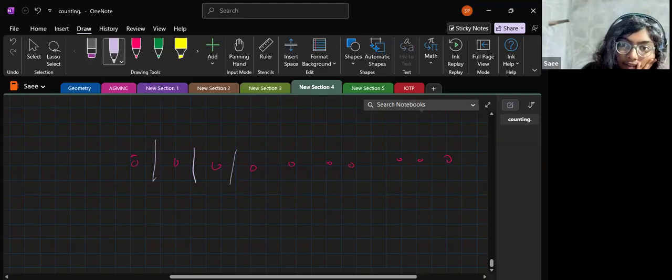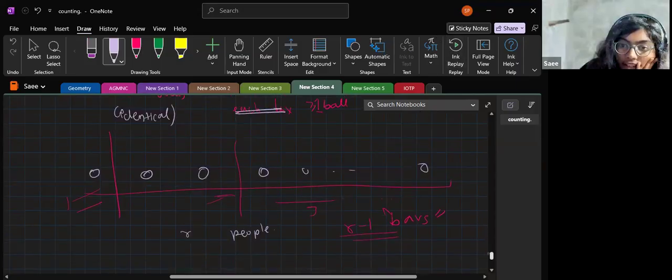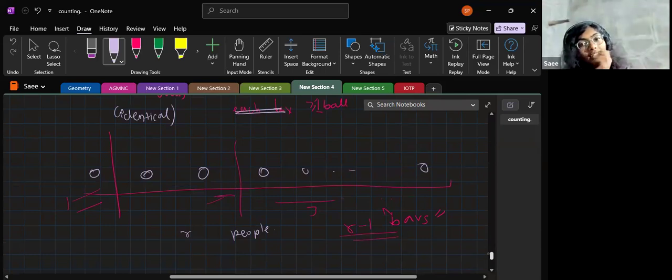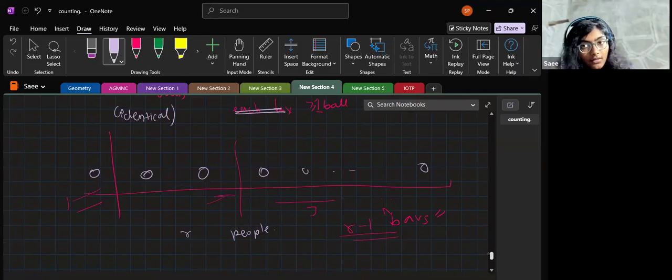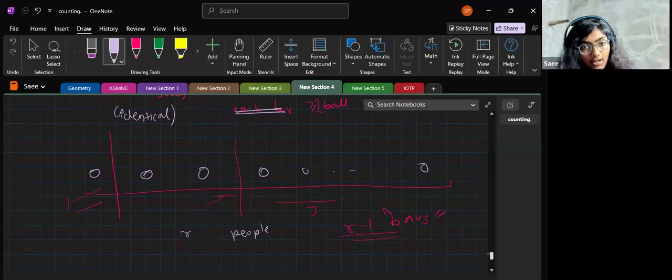So you're going to have 10 minus 1 places. If you have n chocolates, how many? N minus 1. Exactly. So you have n minus 1 places where you can put a bar.